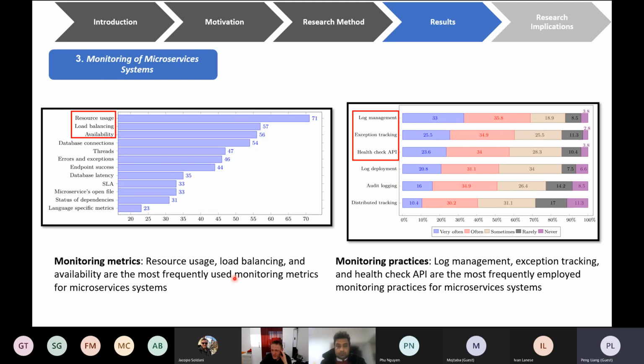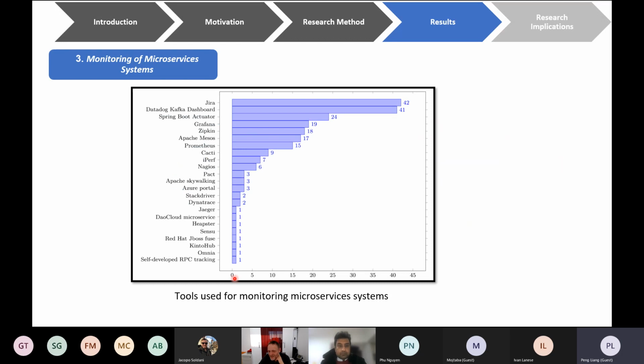Concerning the monitoring tools, we identified 13 monitoring tools gathered from the literature, and many participants indicated that Jira and the Datadog Kafka dashboard are the monitoring tools that they used, and also Spring Boot Actuator.